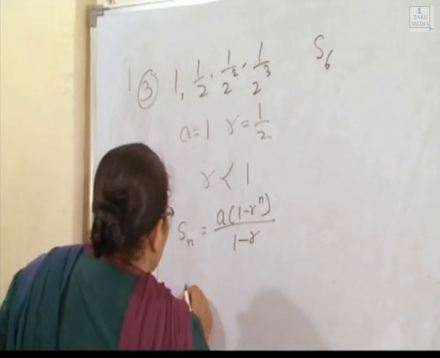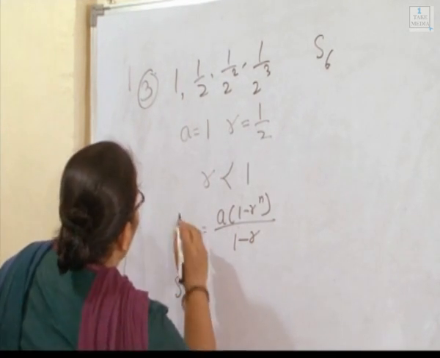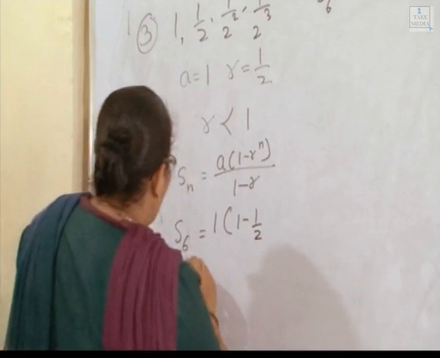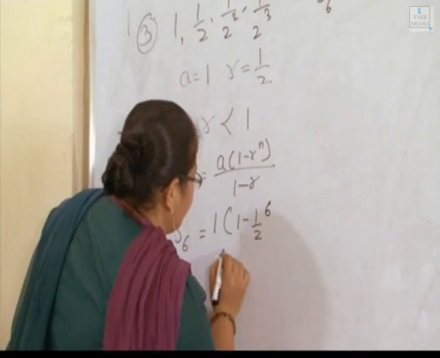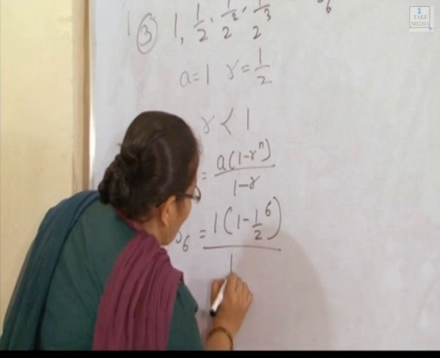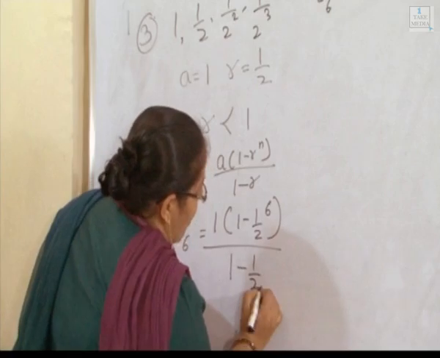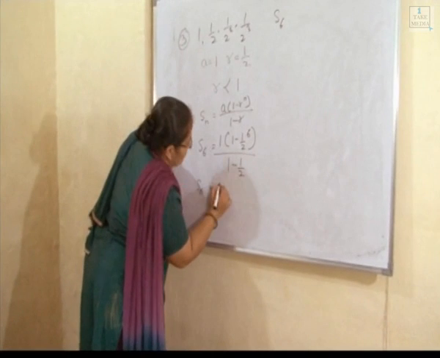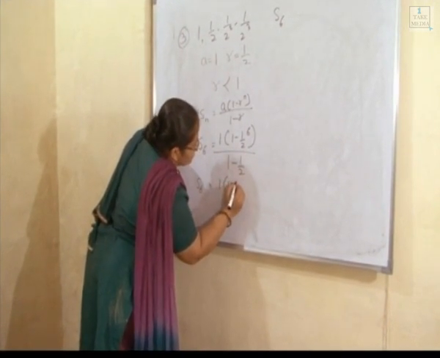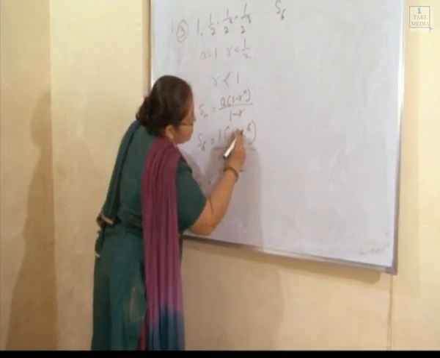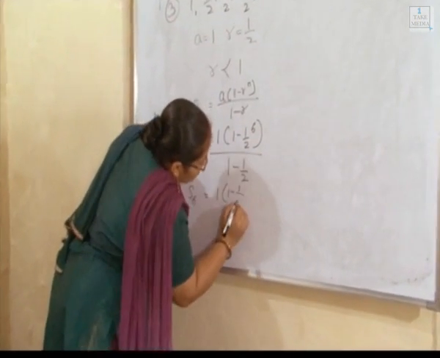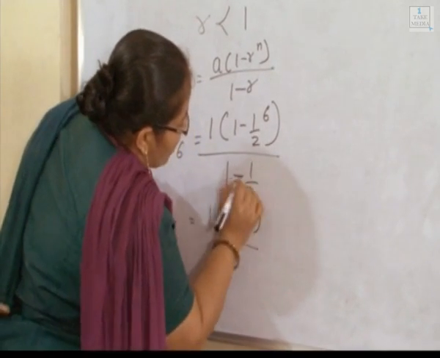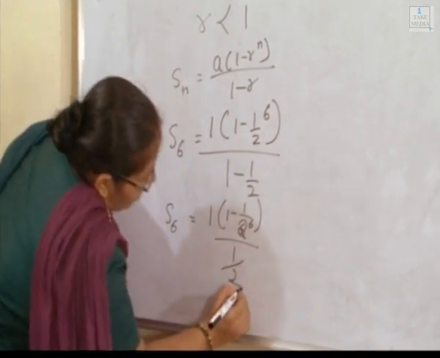Here we have to calculate S6. The A value is 1, 1 minus the r value half, n value is 6, upon 1 minus the r value, half. So S6 equals 1 minus half, 1 raised to 6 means 1 only. So, 2 raised to 6. 1 minus half, we will get the answer half.